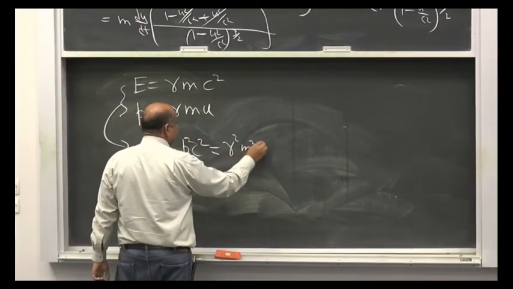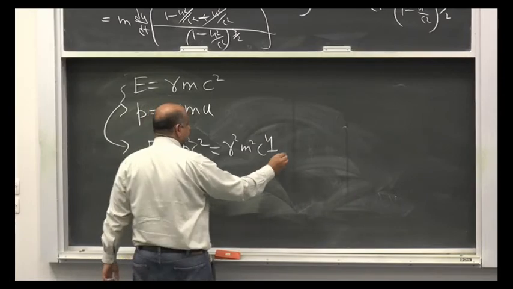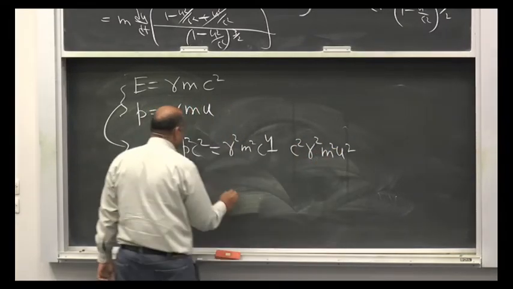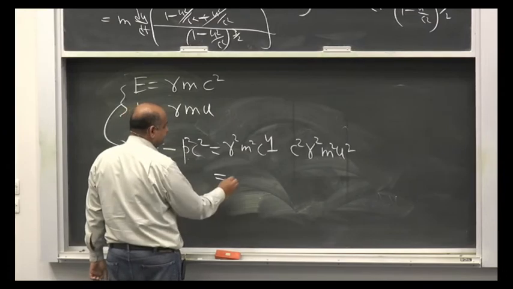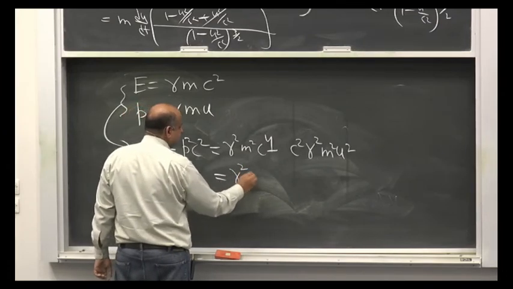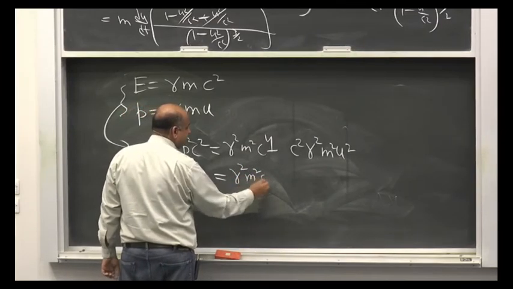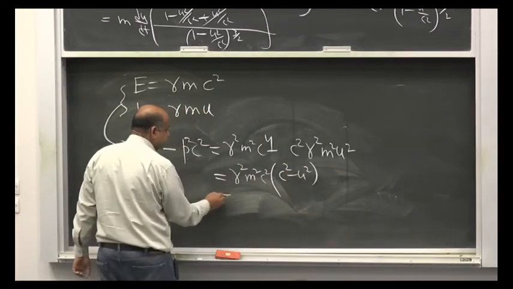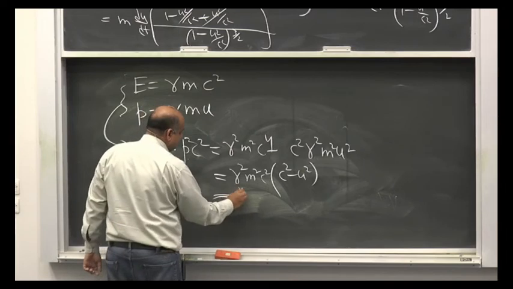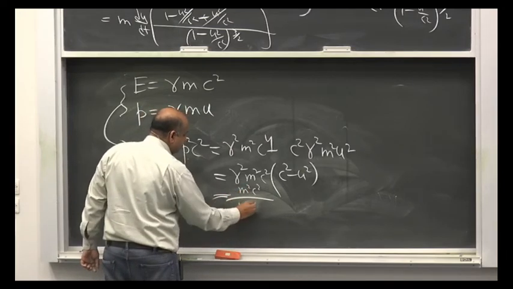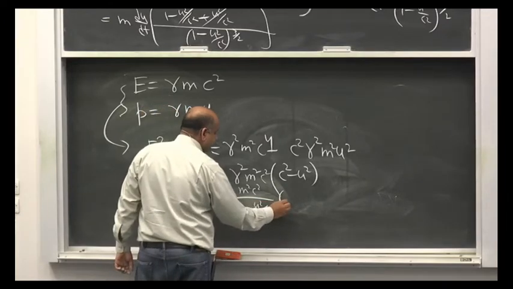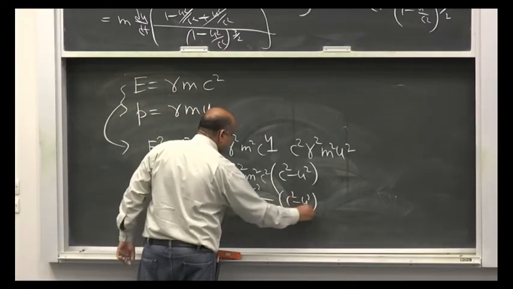Gamma square m square c4 minus c square gamma square m square u square, and we take gamma square m square common, and actually c square common, we get c square minus u square. So this gamma square is nothing but 1 minus u square over c square, into c square minus u square.